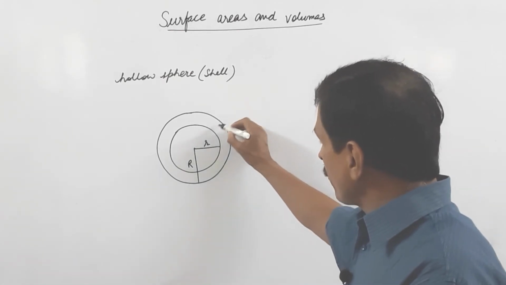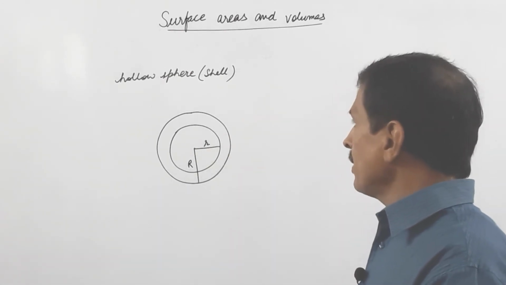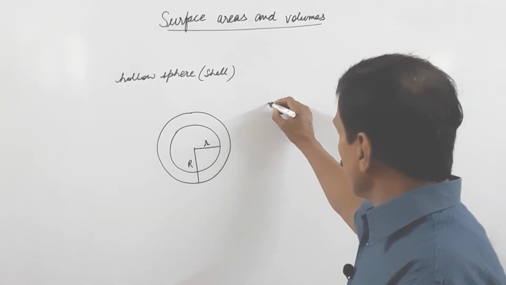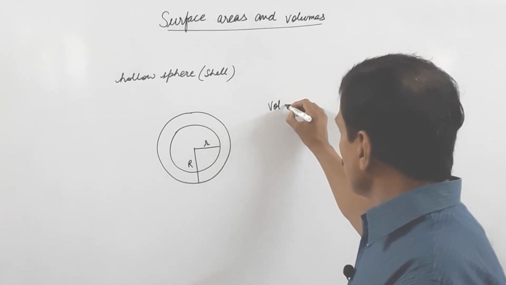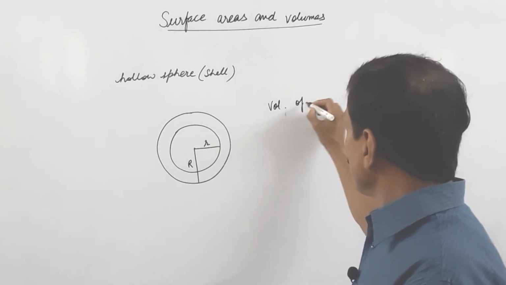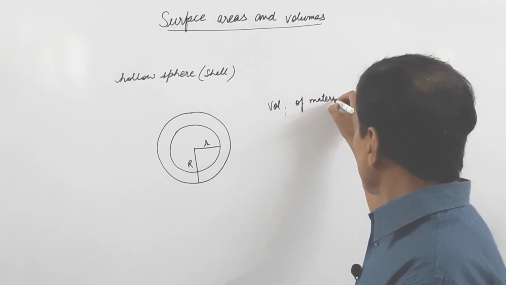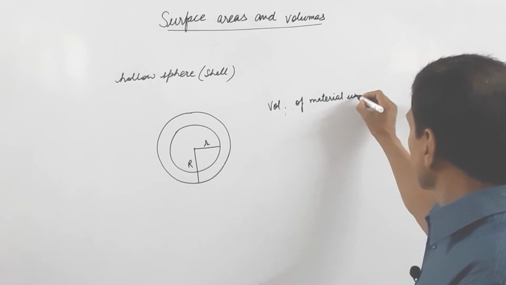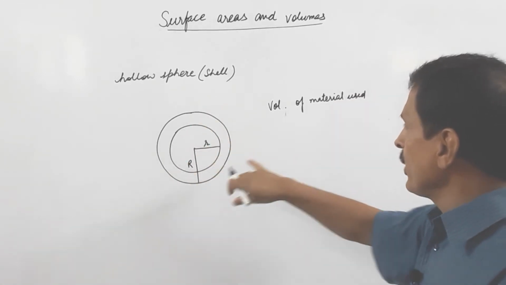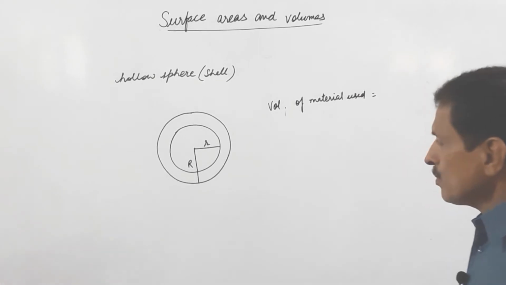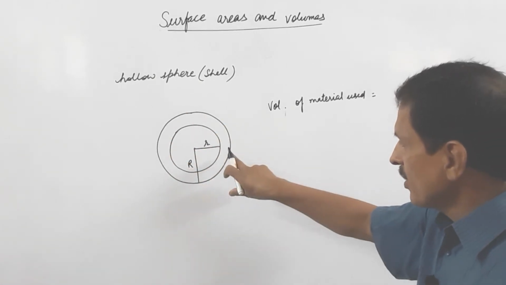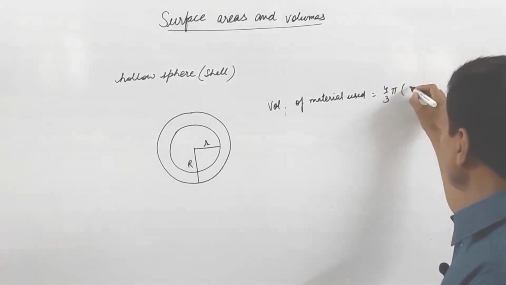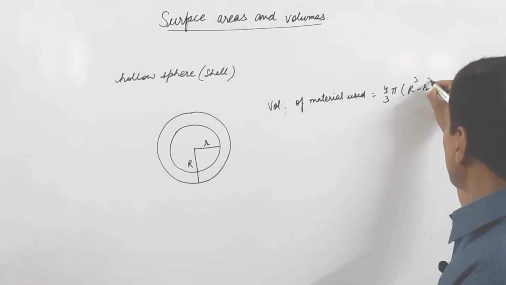This is the thickness of the material used to make the hollow sphere. So volume of material used to make this hollow sphere is equal to volume of outer sphere minus volume of inner sphere. So 4 by 3 pi times capital R cube minus small r cube.